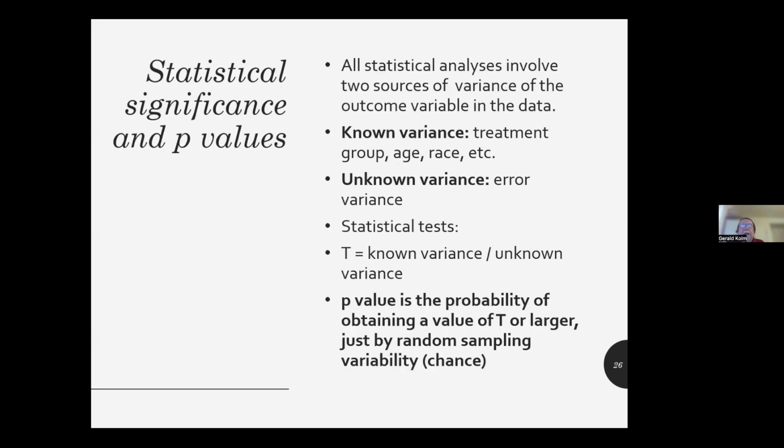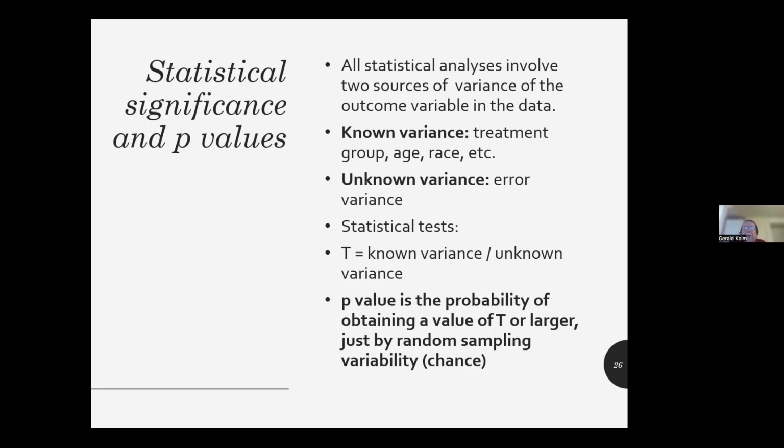So that then leads us to talking about statistical significance and p-values. We're going to look at areas under these sampling distribution curves to come up with what we term statistical significance. At a very broad level, all statistical analyses involve two sources of variance of the outcome variable in the data.